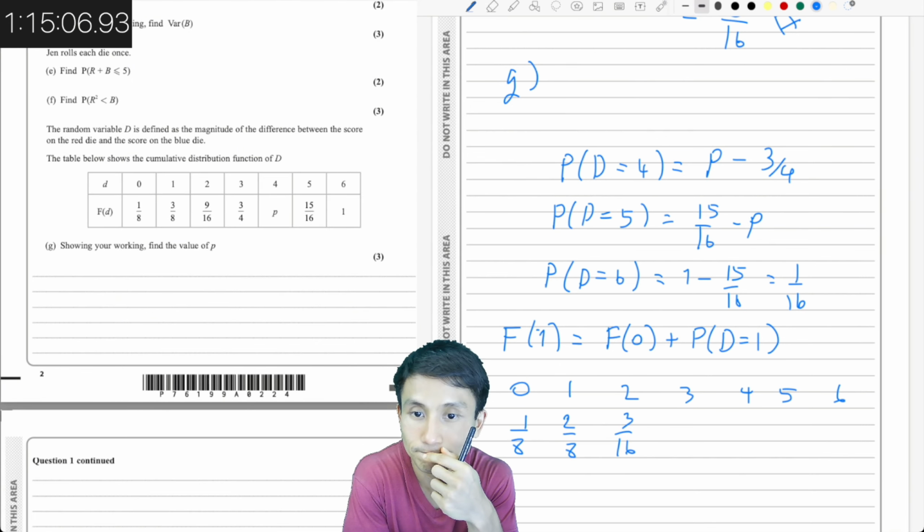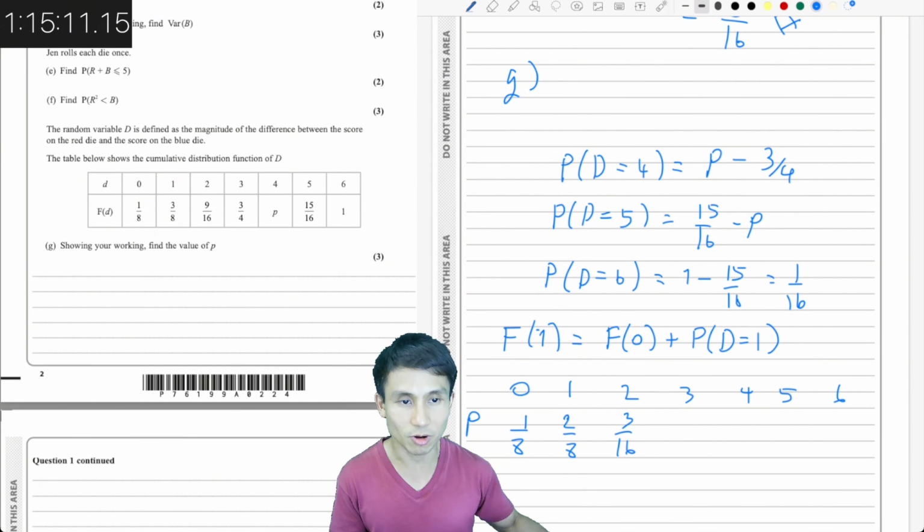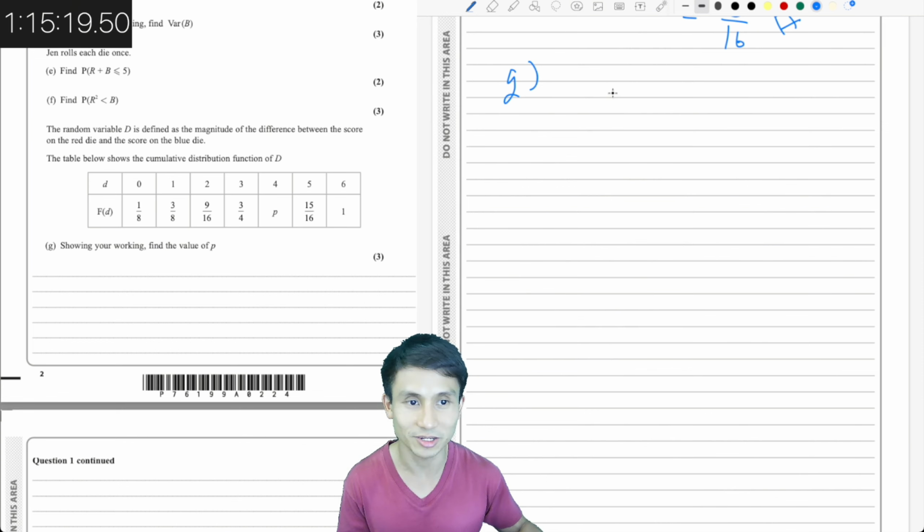You know what? I'm just going to properly do the table because I was out of options there. Maybe I didn't see something, maybe you guys can comment to help me. I'm going to do D: 0, 1, 2, 3, 4, 5, 6.